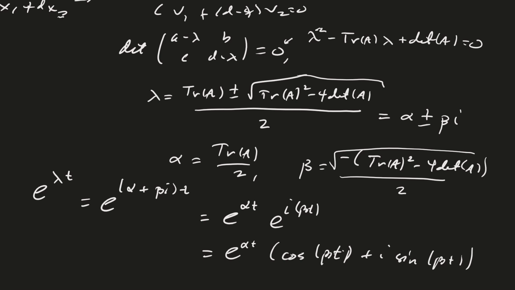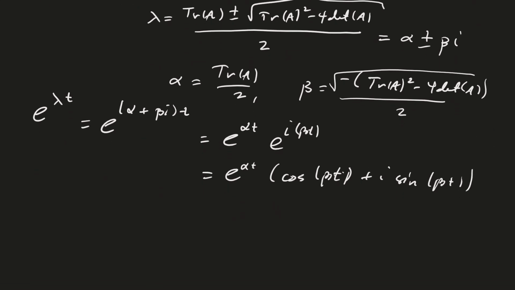If I'm wondering whether my solutions stay bounded or go to infinity, it really depends on the e to the alpha t piece, because the other piece just spins us around the axis. We'll be talking about the real part of lambda and the imaginary part of lambda, but I've gotten ahead of myself.